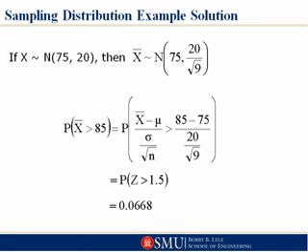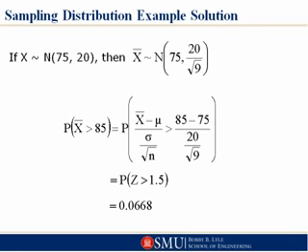So what's the probability that a sample mean would be greater than $85? That's just working with the Z calculation transformation. 85 minus 75 is 10, and we're looking to find how many standard deviations above the mean that is, so that's divided by 20 divided by the square root of 9.